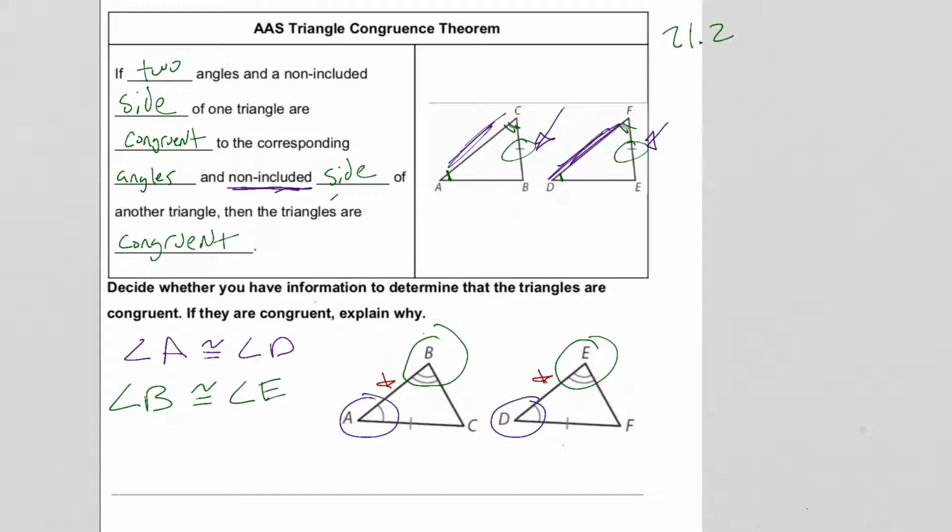The non-included sides are here, here, here, and here. So we're talking about AC is congruent to DF. And both these sides are non-included sides, right? This is included, and those are non-included.